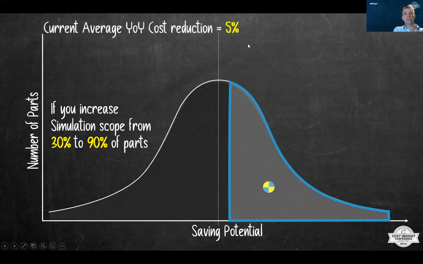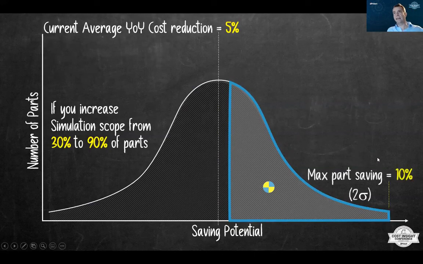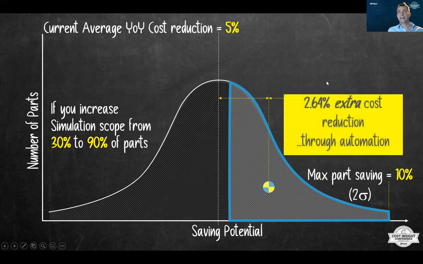So if our conventional approach is 5% per year, that's what we're getting today, with the highest saving potential of 10%, and we use automation to shift everything to the right, that would yield us an extra 2.64% on everything based on those parameters. That's real. That's just mathematics using averages and normal distribution.